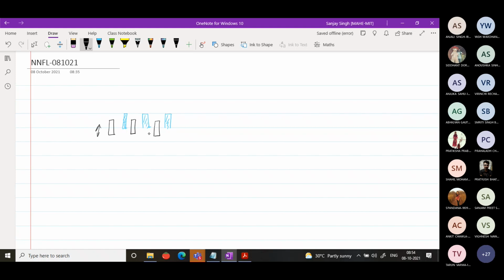Now, if I ask you to see from the top, can you make out the difference? Is it possible to draw a straight line so that the two data points, blue and white, are separate? Yes, sir.